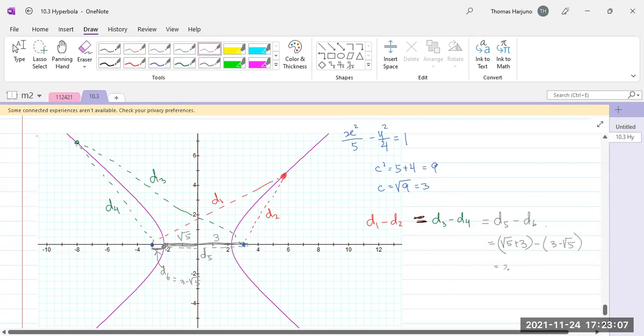The difference equals 2 radical 5. Twice radical 5.